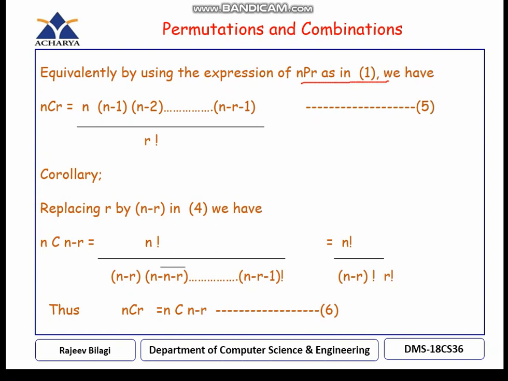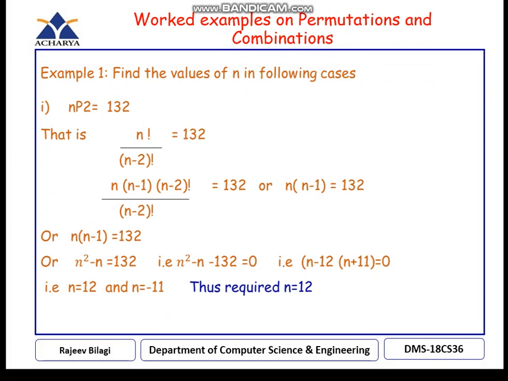So just replacing here, I will get n factorial divided by (n minus r) factorial into r factorial. So I can write nCr is equal to nC(n minus r). I'll call this equation number 6. So these are all the things you need to remember.